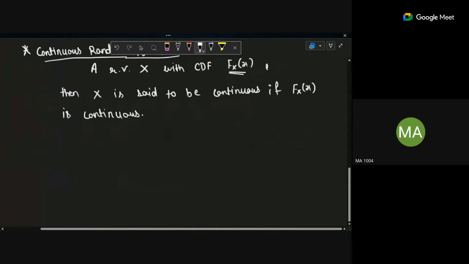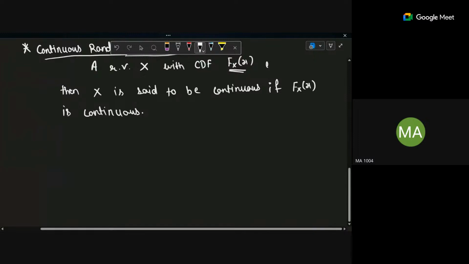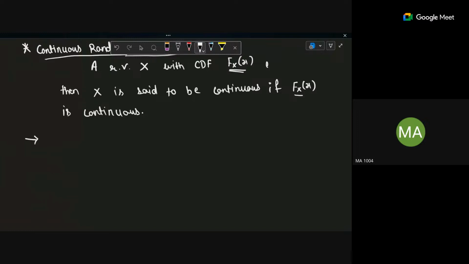Once we say our CDF is a continuous function, that means there should be no jumps in the graph, no jumps or steps, whatever you say.